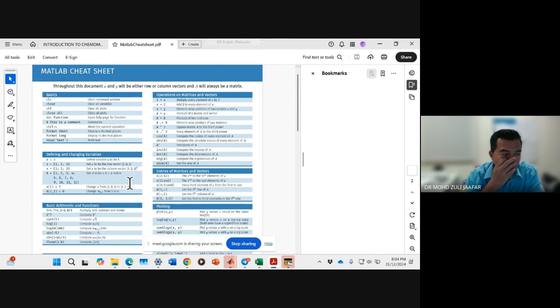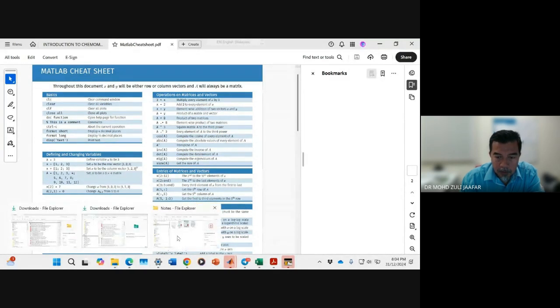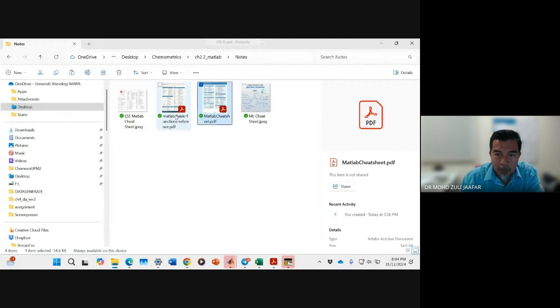I do believe that you don't have to study MATLAB in great detail, but knowing the basics in order to complete the assignment is important. So go through this MATLAB cheat sheet as well as this MATLAB basic function reference.